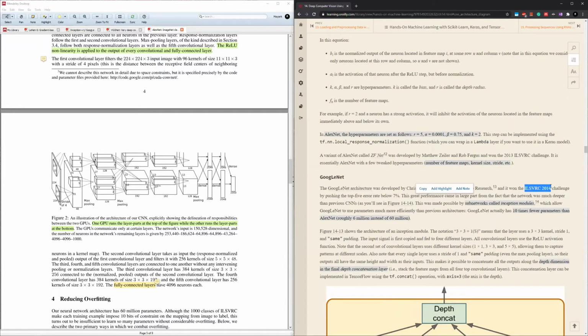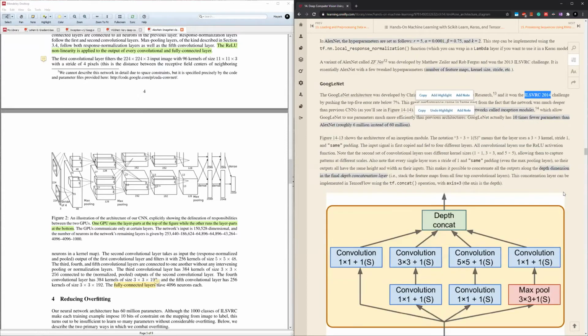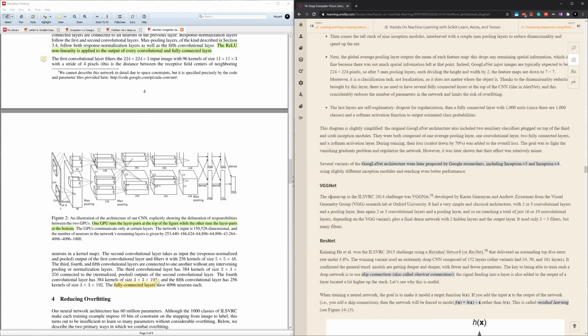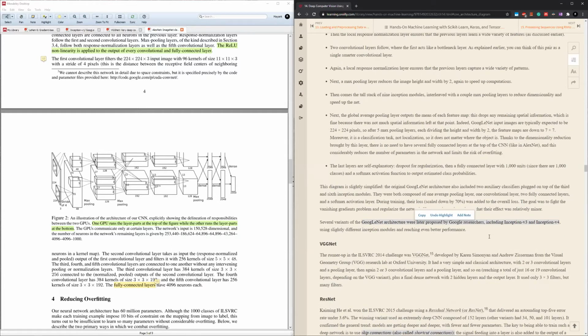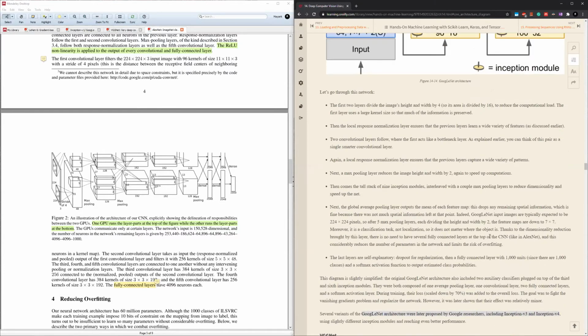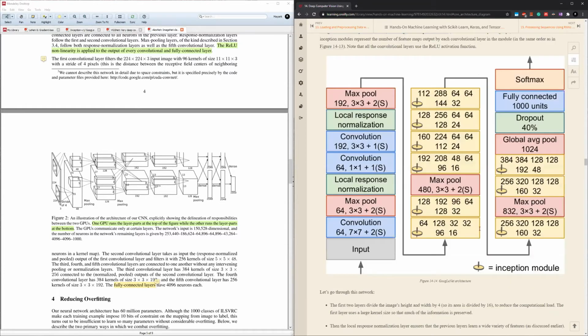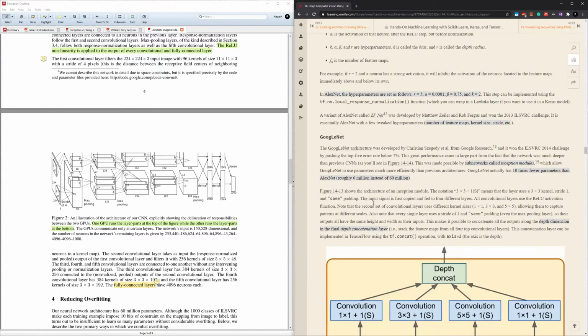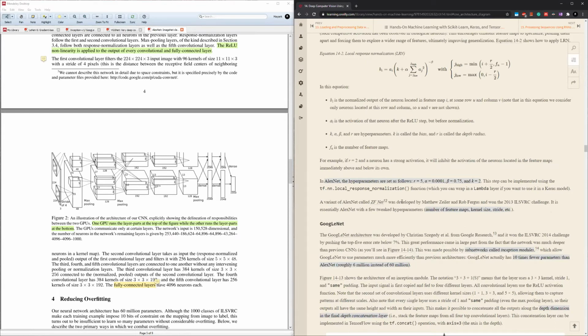They said ZFNet, okay. VGG was the runner-up to this in the 2014 challenge. The second place was by VGG. The first place was by this network, the ZFNet. That was developed by these guys.